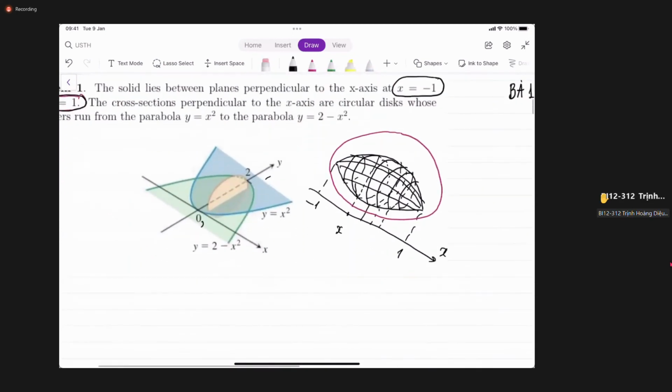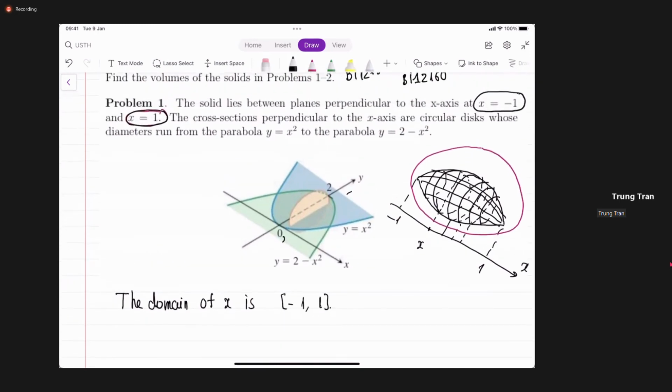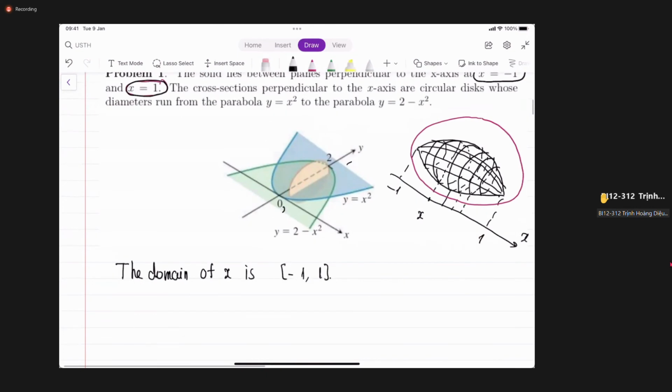The domain of x is from -1 to 1. The domain is given in the problem, but we can find it by finding the intersection of the two curves.